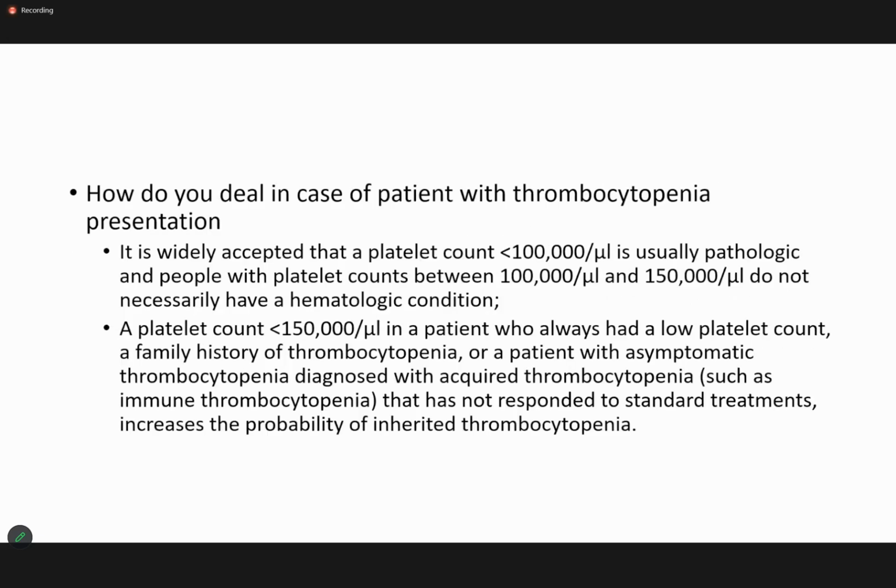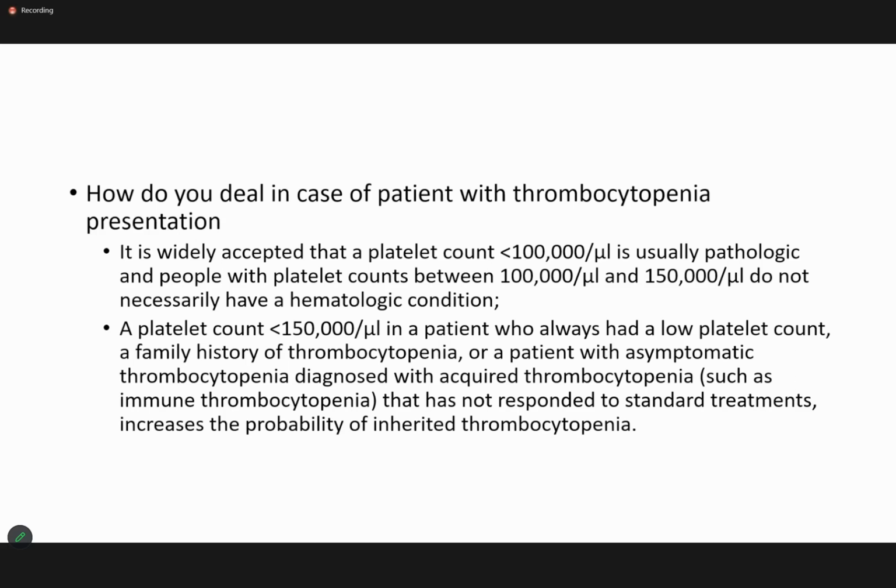How about thrombocytopenia? How do you deal with this kind of patient? As we all know, it is widely accepted that a platelet count less than 100 is usually pathologic, and people with a platelet count between 100 to 150 do not necessarily have a hematology condition.